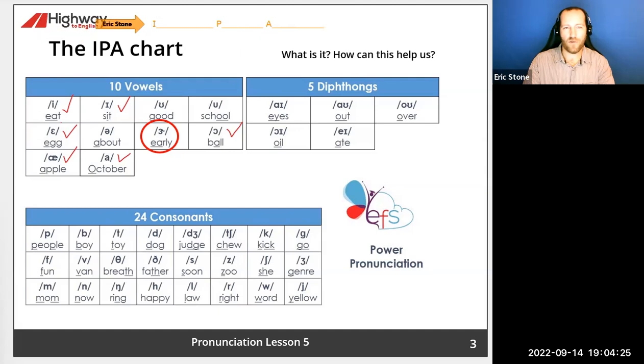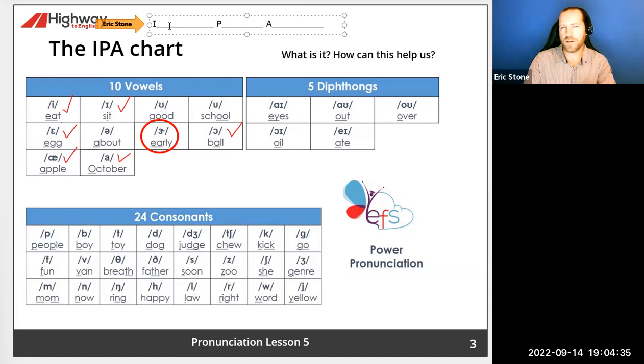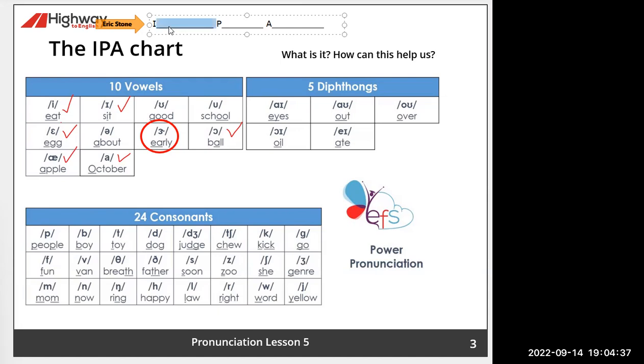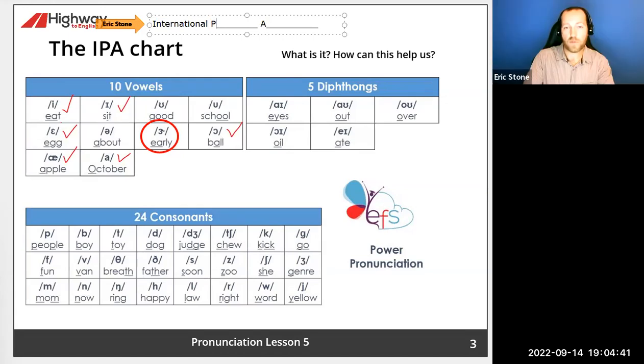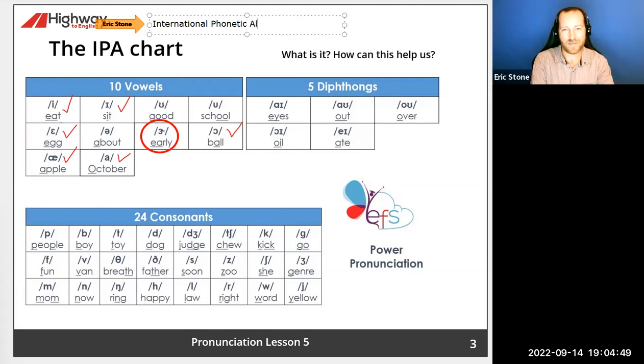We talked about this before. Yeah, it's the International Phonetic Alphabet. Good. A little bit slower, dear. What is it? International Phonetic Alphabet. Good. Let me help you with the second word. It's phonetic. Phonetic, okay. There you go. Alphabet. Good. That's right. Great job, Basima. You are correct.